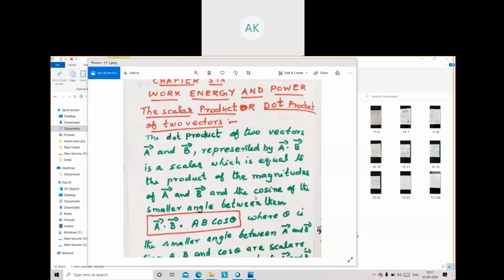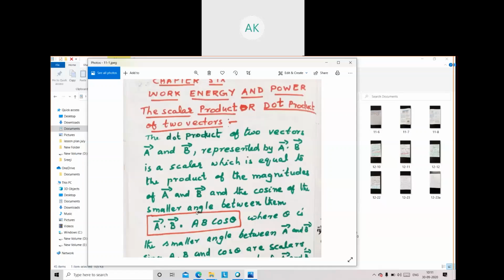So here we are studying the dot product of two vectors. It is also termed the scalar product, that means the product is a scalar quantity. Two vectors are multiplied and that product is found to be a scalar quantity. So don't think that when two vectors are multiplied it will always be a vector quantity.